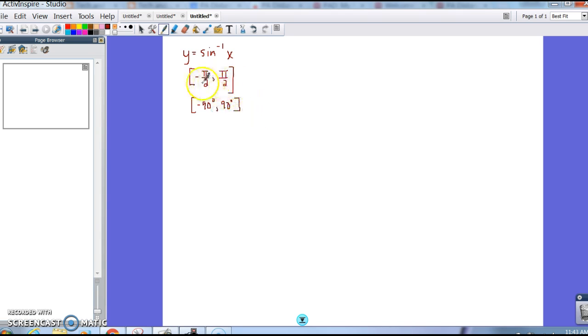So your answer must be between those two values. For cosine, it only exists from 0 to pi or from 0 to 180 degrees. Again, your answer must fall between those two values.